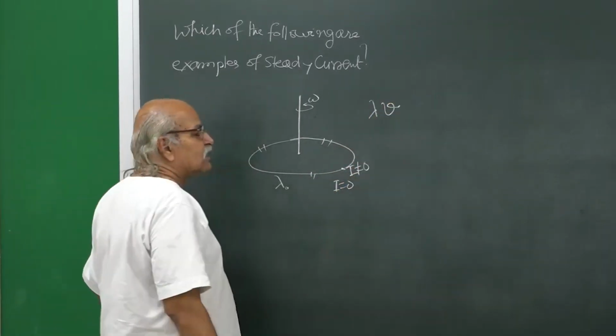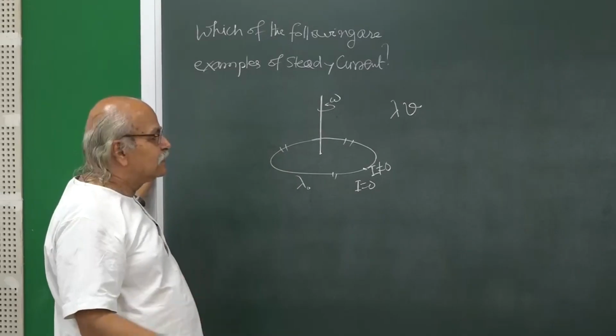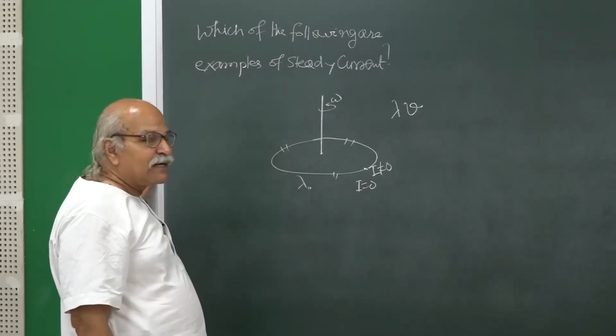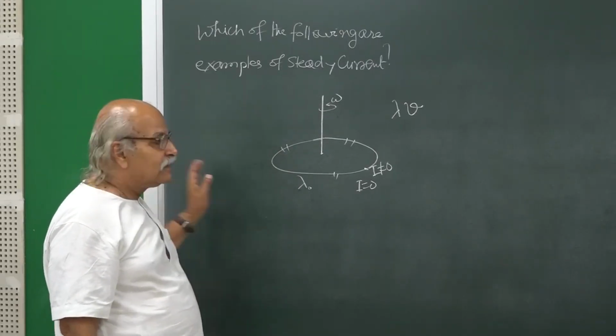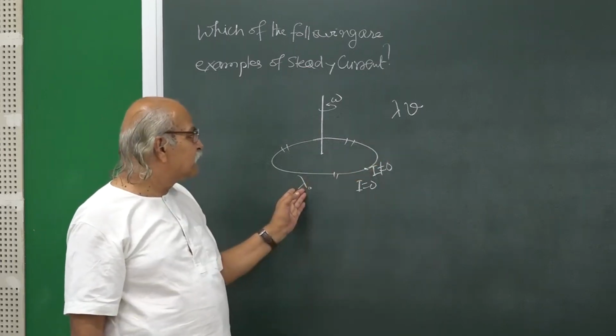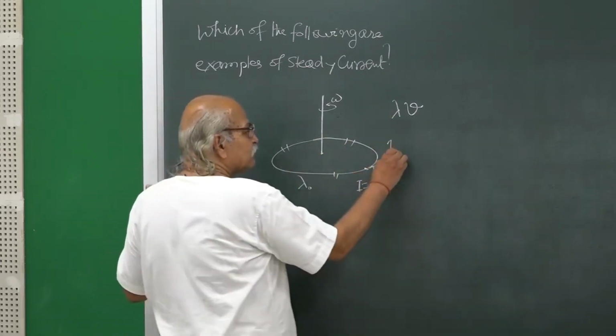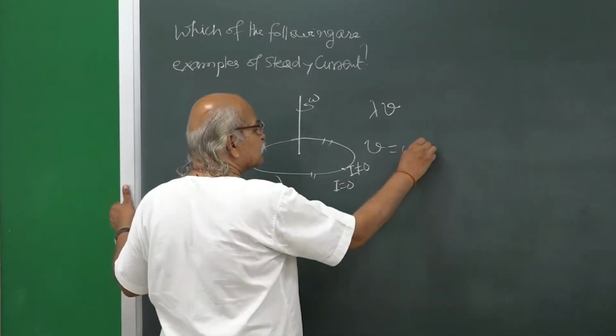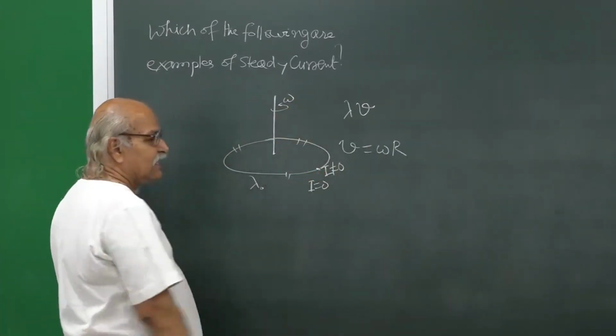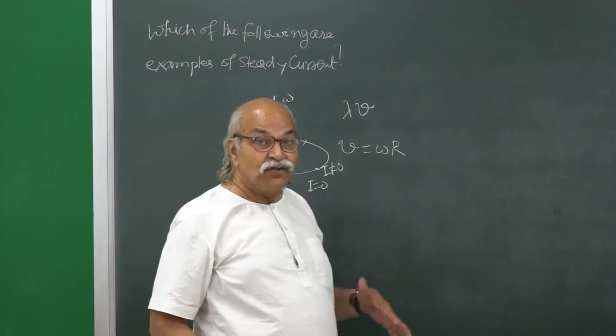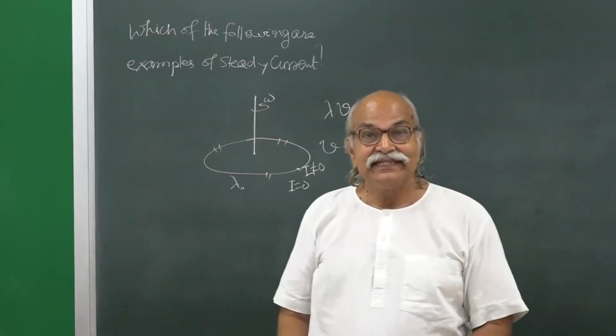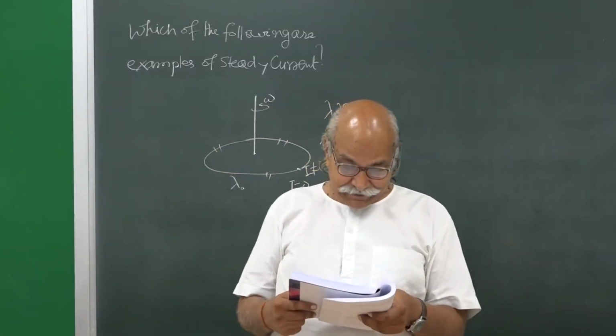For a linear charge distribution moving in a line, the current is lambda times v, and lambda is fixed, lambda naught, v will be omega times the radius. So, that is also fixed, and therefore, the current does not change with time, and this is a steady current.